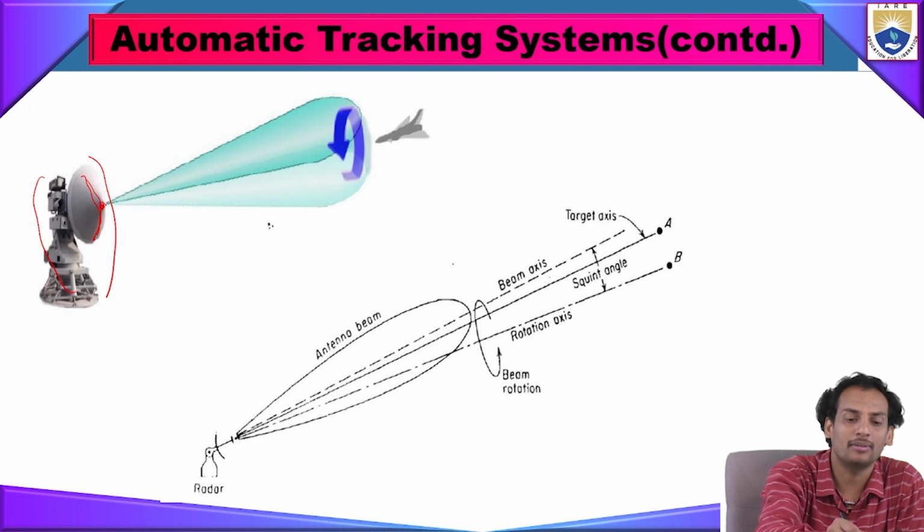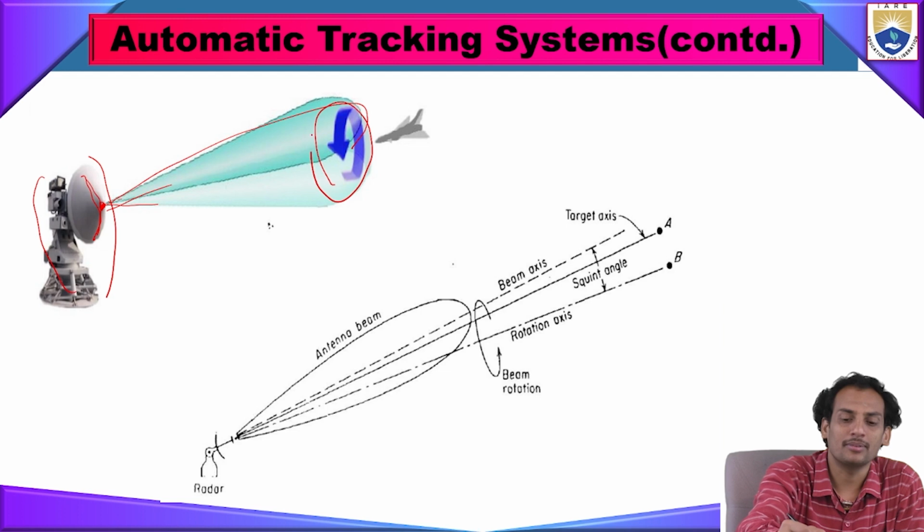Near the focal point the beam is generated, creating the beam in a conical position.